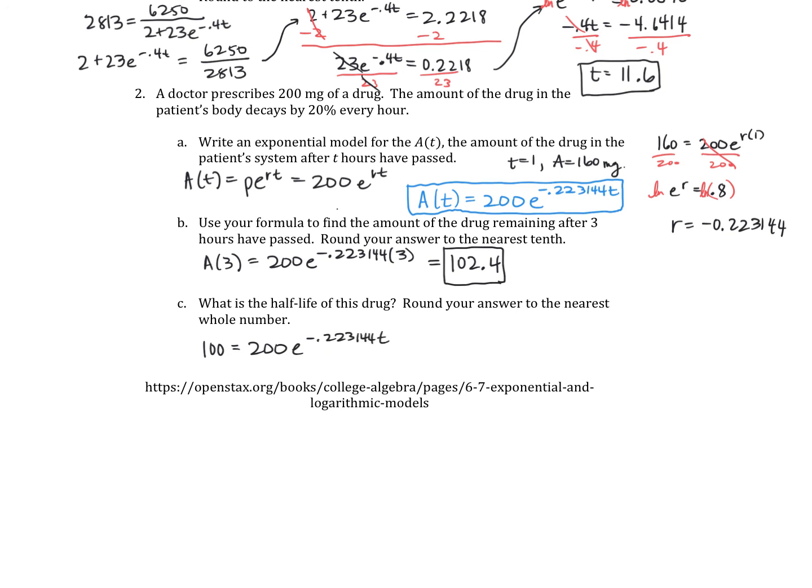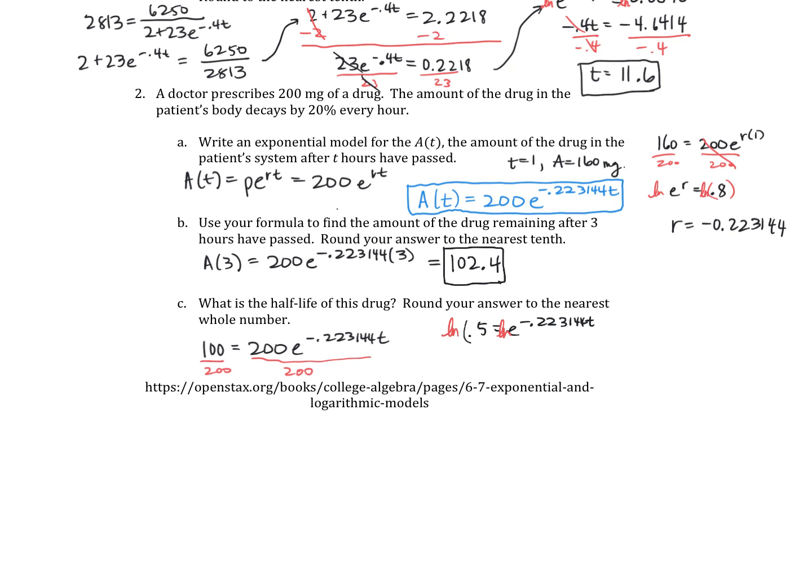So to solve for T, we're going to divide by 200. You will see we end up with 0.5, which is the half-life. That's why you get that. 0.5 is equal to e to the negative 0.223144t. Then we need to take the natural log of both sides.